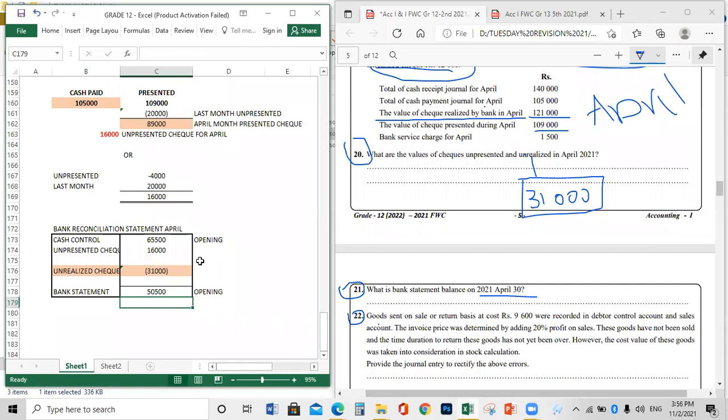Is there any other way to get this answer? Yes or no? If you know the answer, answer. If it is yes, tell me how. Is there any other way to get the bank statement balance without doing the method which we did just now?